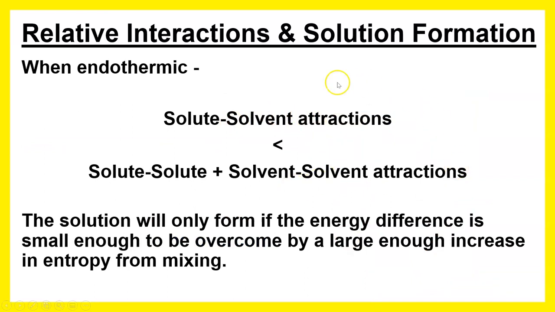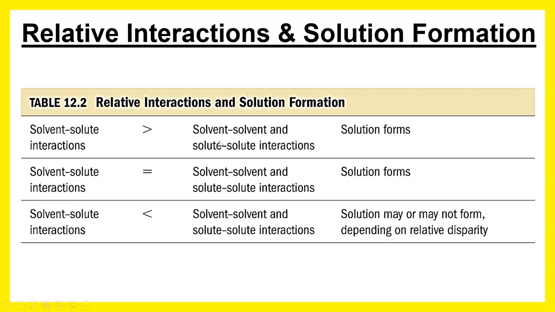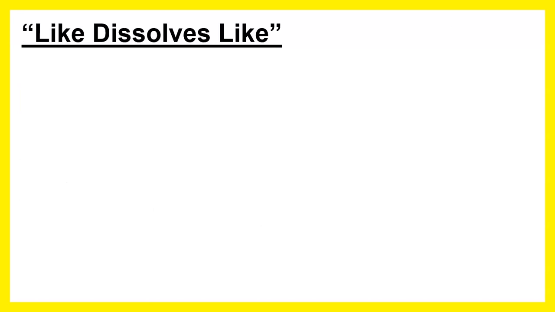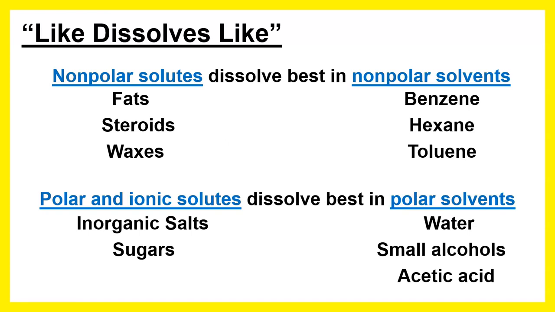What was the scenario with the attractions? Was the mixture attractions better or was it worse? This, and thinking about the interactions between solute and solvent explains why we see like dissolves like. It is more favorable for water to mix with sugar than it would be for fat to mix with water.